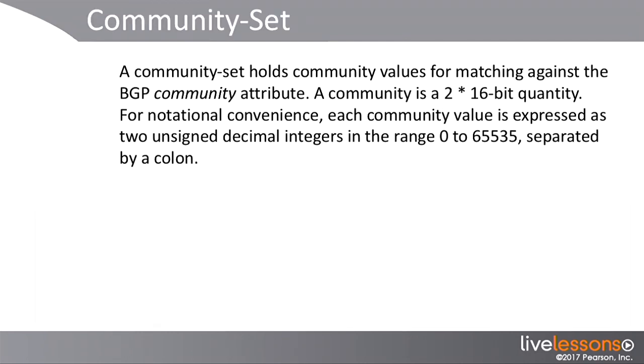Community set. A community set holds community values for matching against the BGP community attribute. You can define a multiple list of community values within the community set. You do not have to define different sets or community lists for matching different community values.